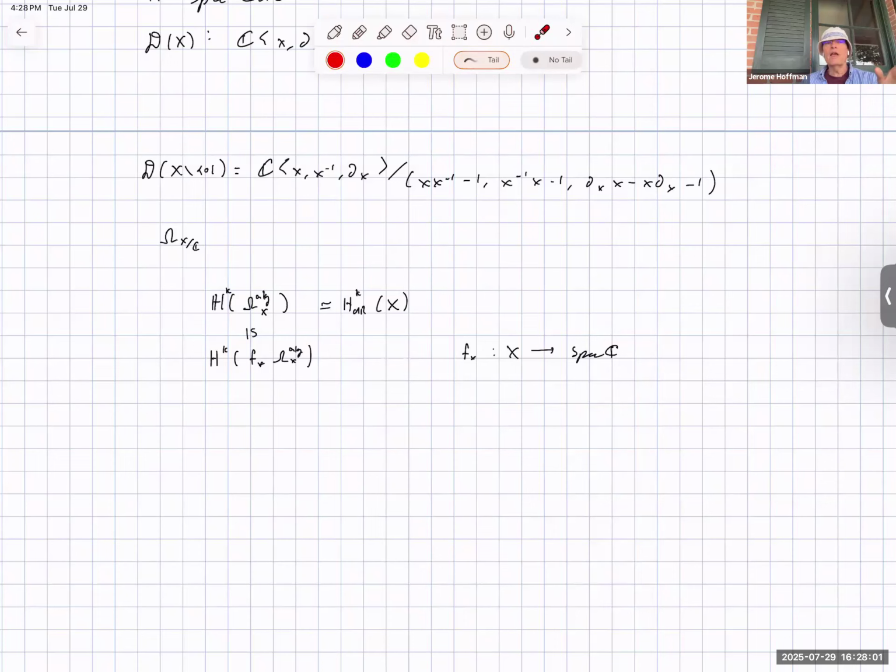So it's kind of a little miracle that the de Rham cohomology, which you can calculate in the Zariski topology, really does see something analytic. It sees the analytic cohomology. But that's a deep result. That's not a trivial fact.